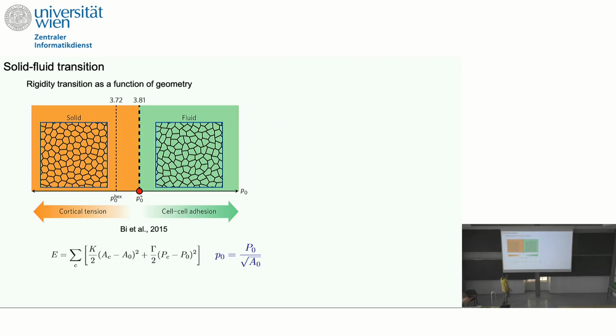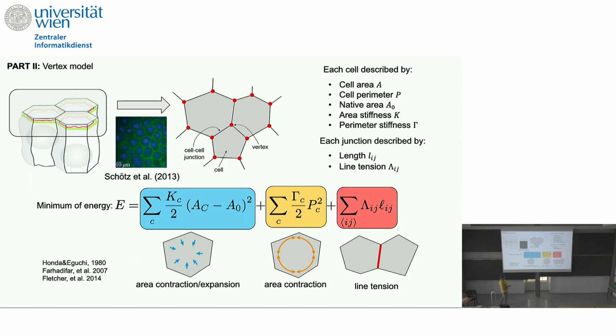Before I go into that, I'm going to mention that if you assume that all of these are constants that don't depend on the actual cell, where the C here means the sum over all the cells, I can take them in front of these sums. If I also assume that all of these lambdas, all of these junctional tensions, do not depend on the actual junction but are constant for the entire tissue, then I can rearrange my mathematics a little bit.